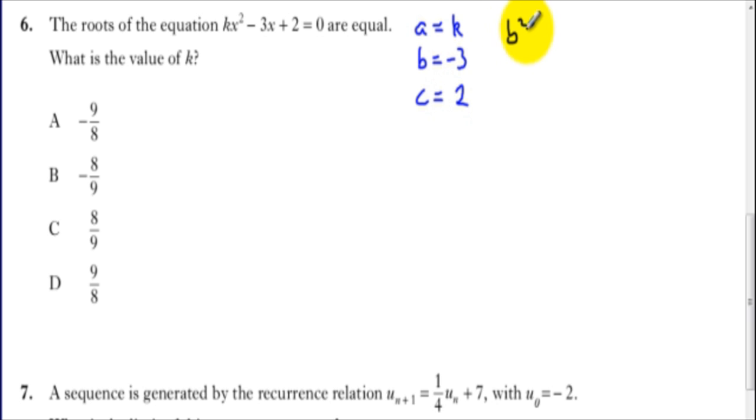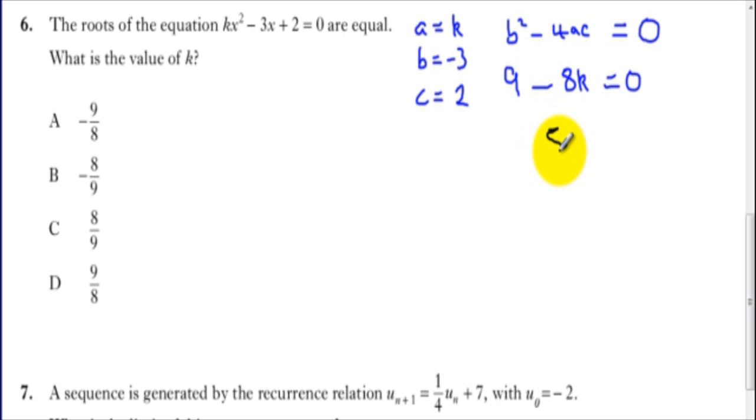So we now work out b squared minus 4ac, and because the roots are equal, we know that this must equal 0. b squared is -3 squared, which is 9, minus 4 times k times 2, so that will be minus 8k equals 0. Rearrange this, we'll get that 8k is equal to 9, dividing by 8 gives us that k is equal to 9 over 8. So the answer to this will be 3.